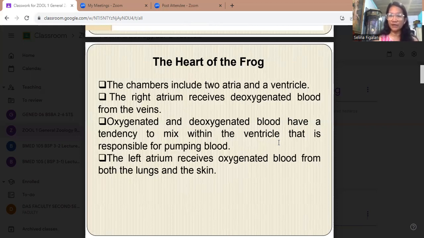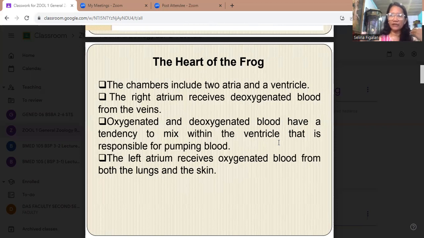In humans kasi, from the right atrium going to the right ventricle. And I think sa frog is from the right atrium, ipapump going to the lungs. Okay, may valves kasi yon. I don't want to elaborate about the valves in frog kasi lalo kayong mahihilo. Papasok muna siya sa ventricle, tapos ipapump going to the lungs to pick up oxygen.